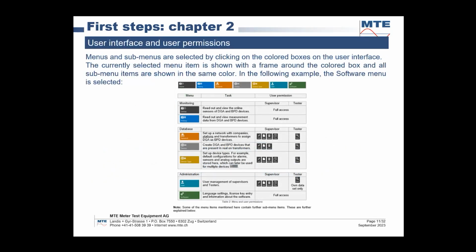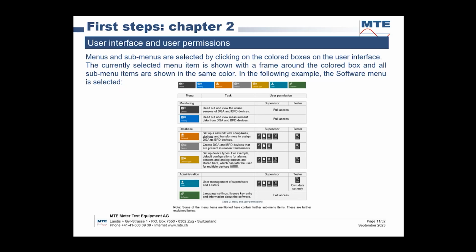Menu and submenu are selected by clicking on the color box on the user, but we have different user permissions according to the task.